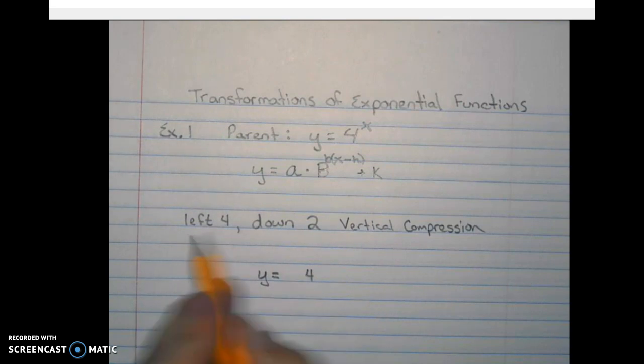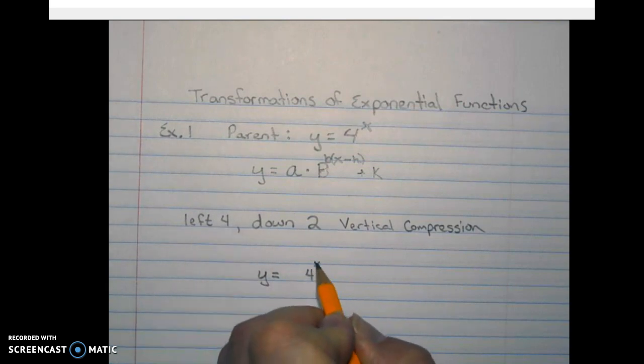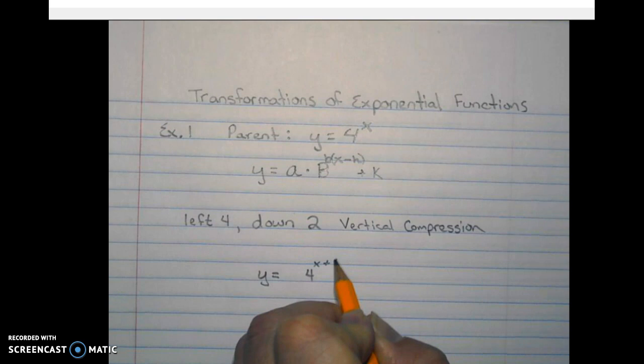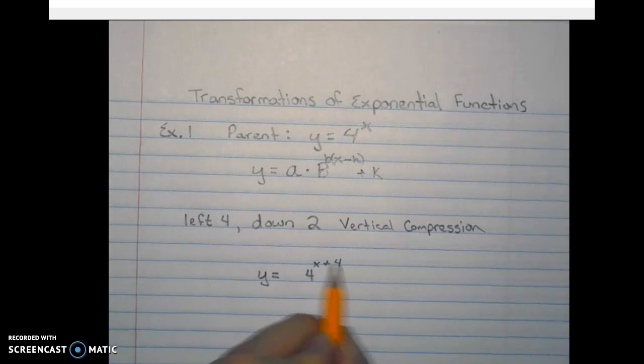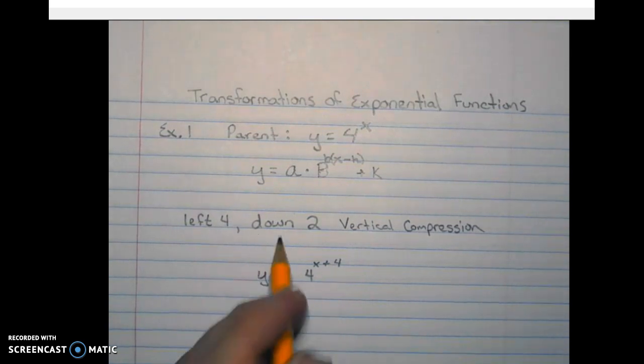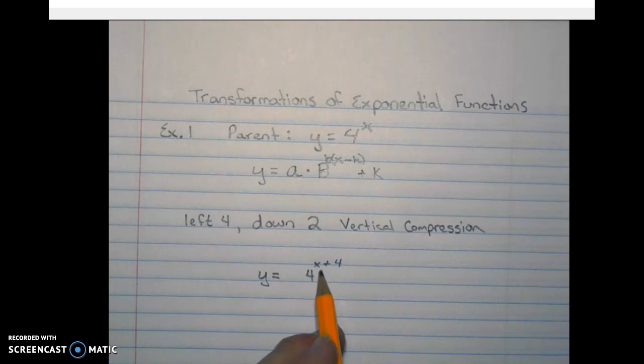We want to go 4 units to the left, so we would do x plus 4. Remember, it's still always the opposite. When you do have x in the exponent, an exponent, when you have multiple terms, acts like a group, just like in quadratics, a grouping symbol.